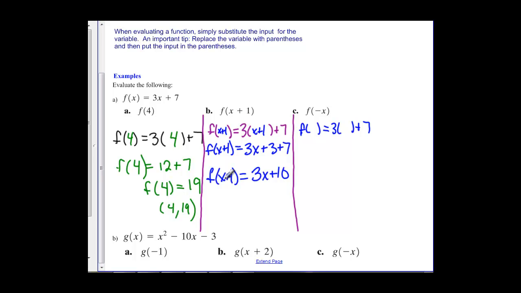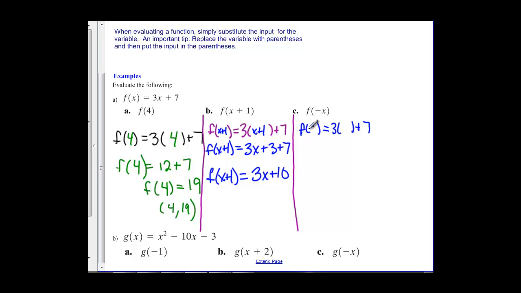If you were to take it back to f of x, then you just changed your input. What this is saying is that if we have the function 3x plus 7, and we plug in x plus 1, we're going to get 3x plus 10. Because if we plug in x, we get 3x plus 7.